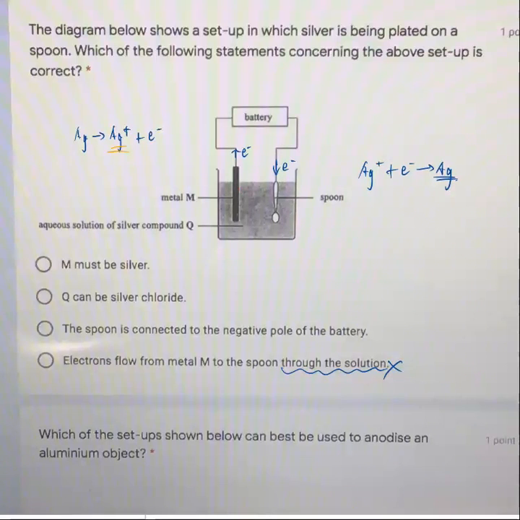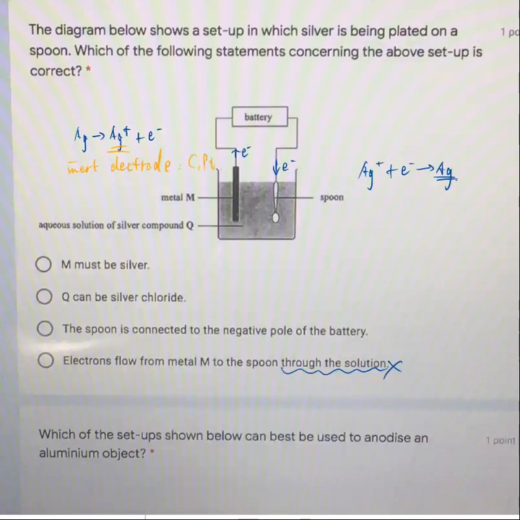However, it doesn't have to be silver that loses electrons. Remember, there are two types of materials that we can use for electrodes that we learned in this unit. It can also be an inert electrode, like carbon or platinum.